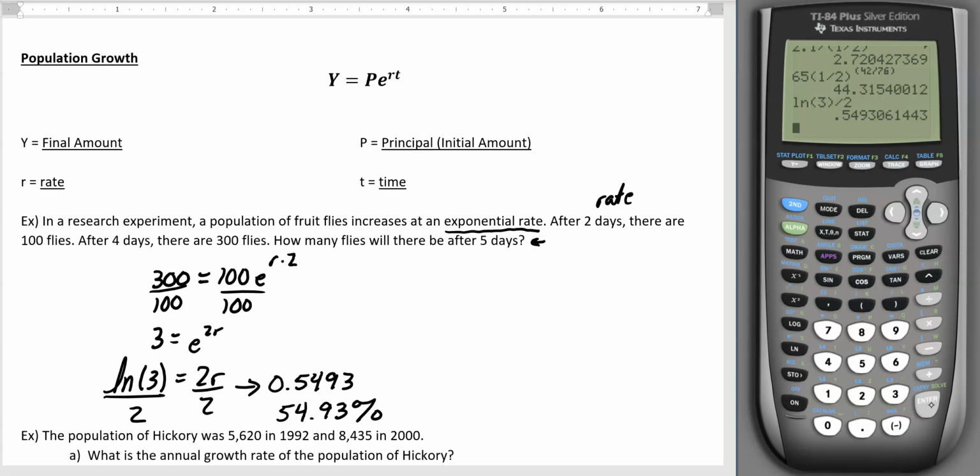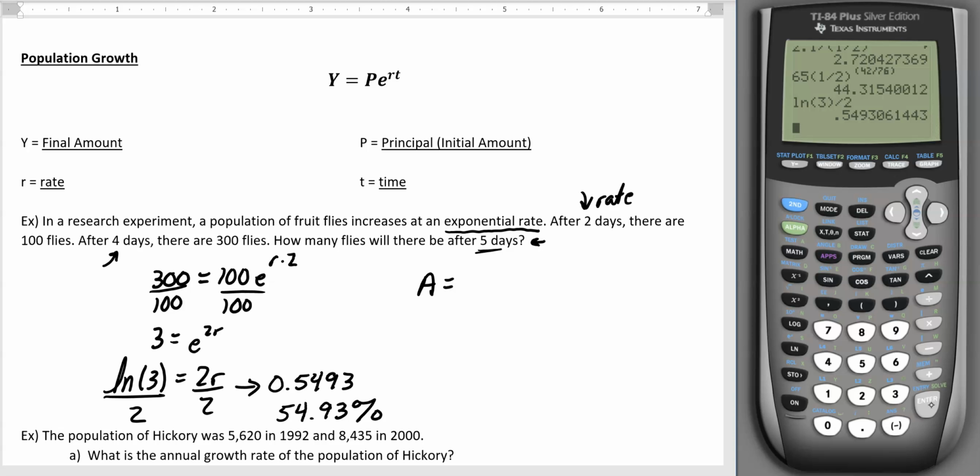Okay, so now that I know that, I can figure out how many there will be after 5 days. There are a couple of ways. I could say my initial amount was the amount after 2 days, or the initial amount is the amount after 4 days, and just do another rate. So just to switch it up, I'm going to say that day 4 is my initial amount.